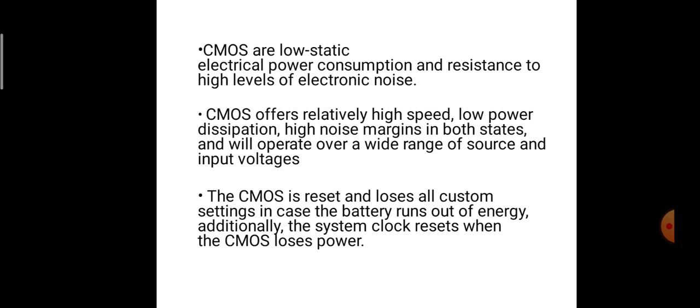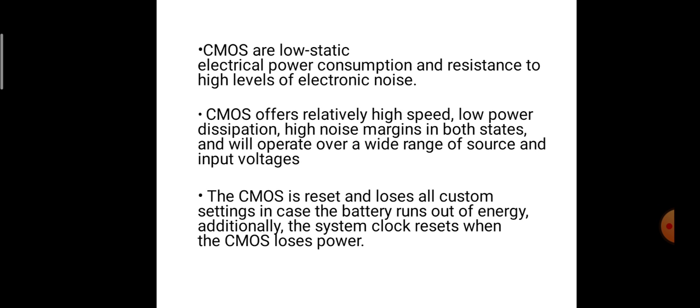CMOS has low static electrical power consumption and resistance to high levels of electronic noise. CMOS offers relatively high speed, low power dissipation, high noise margins in both states, and will operate over a wide range of source and input voltages.